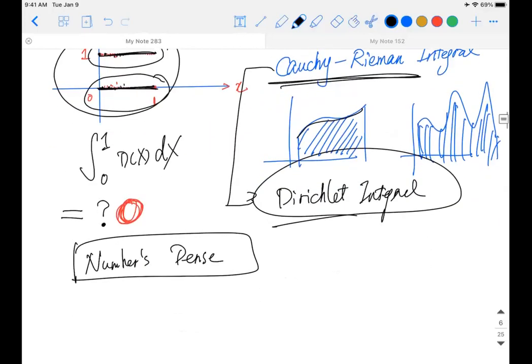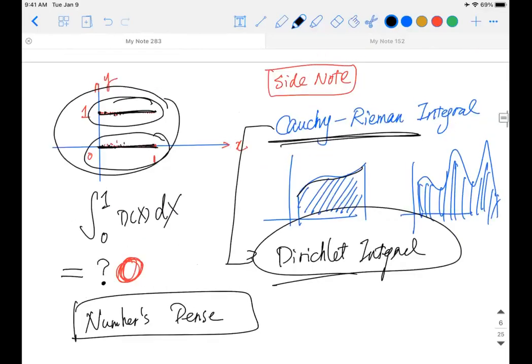Even though rational numbers and irrational numbers are both infinitely many, if you compare the two, you will find the rational numbers are almost nothing compared with the irrational numbers. There are way more irrational numbers than rational numbers.